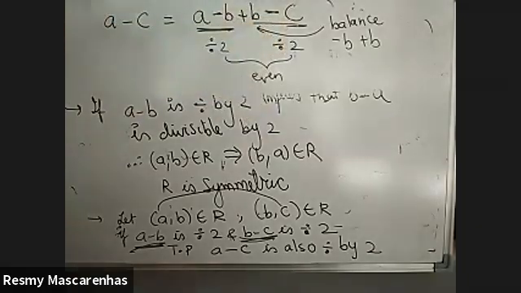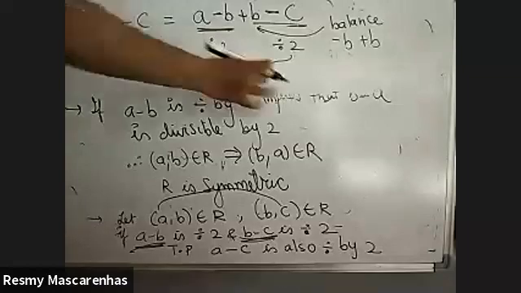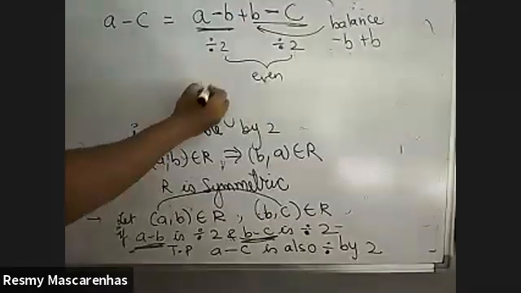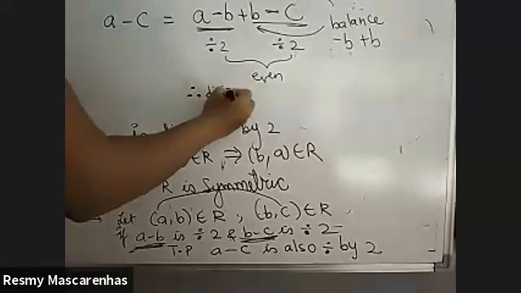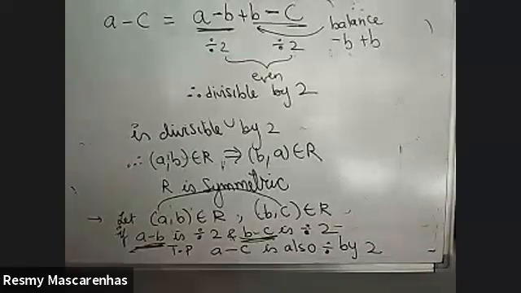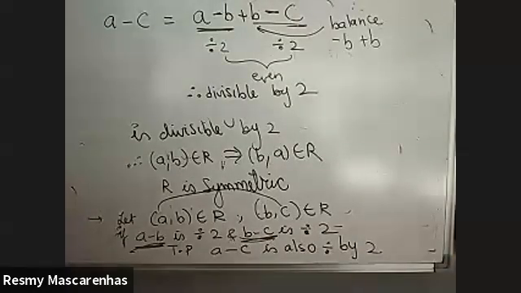So you know that obviously if A minus C is even, it is therefore divisible by 2. Okay, so now you know it holds true for A minus C also.